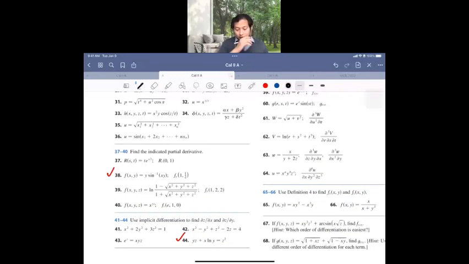y equals sine inverse xy, and we need to find the partial y at the point 1 and half.